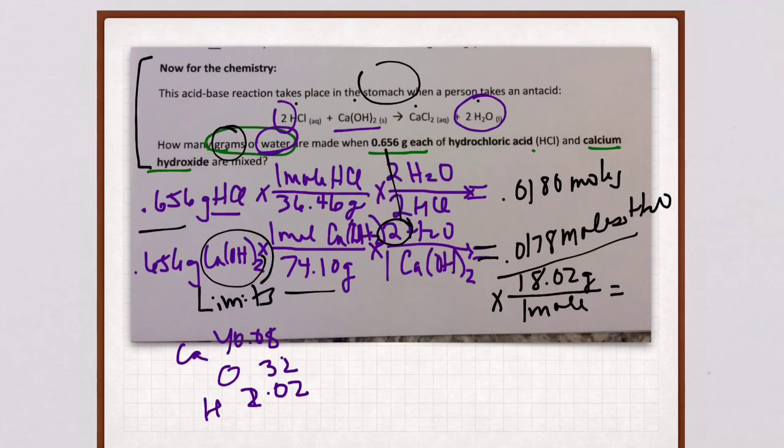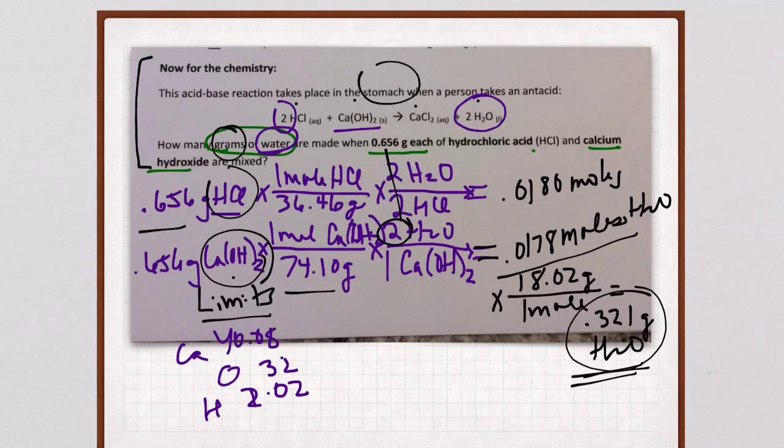So I'm going to take 0.0178 times 18.02, and we get 0.321 grams of water. And so that's how much is produced. It's not going to be based on the HCl because you have excess of that. You only have so much calcium hydroxide, so that's known as a limiting reagent because it limits the amount of water that you can make.